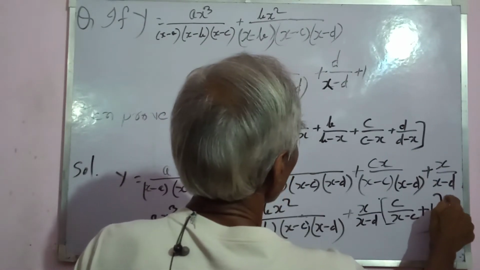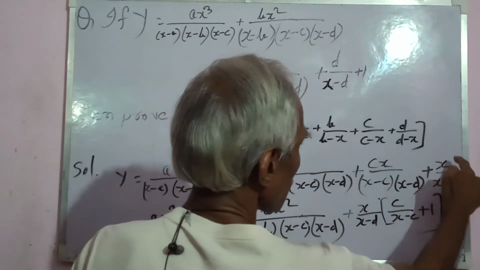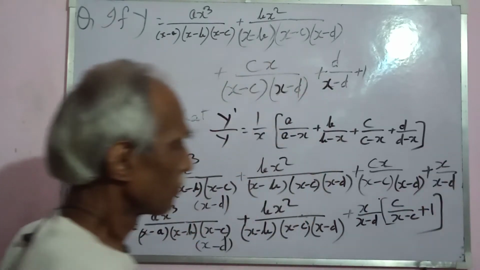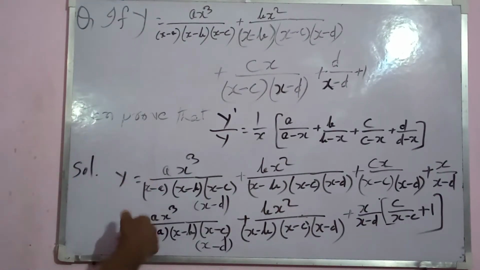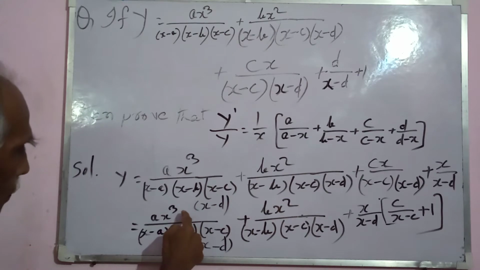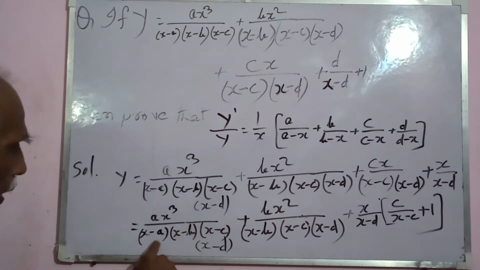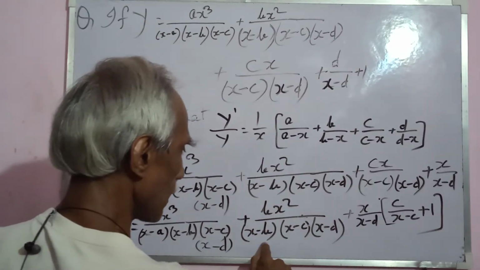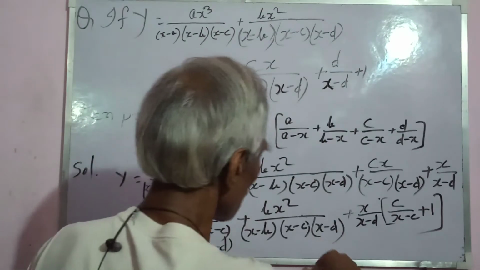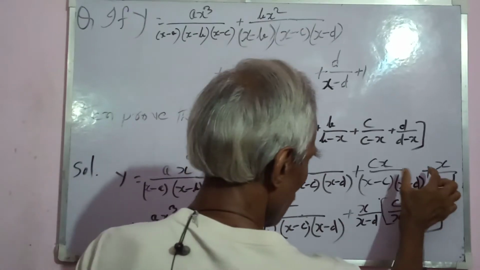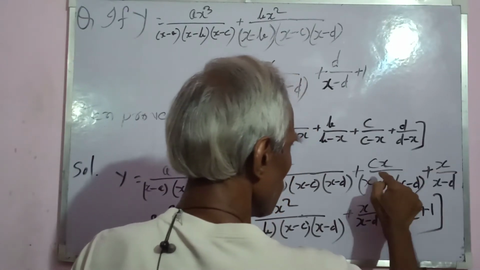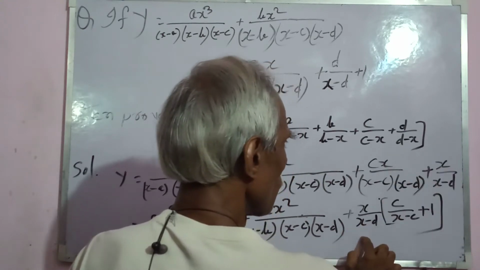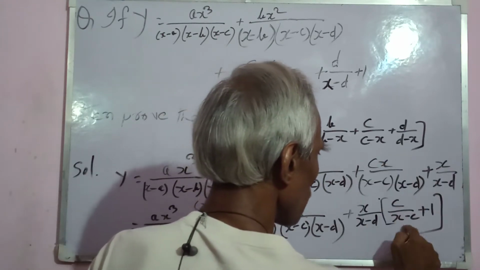That part, x by x minus d, will remain, so that part I have written here. Now the second calculation: ax cube by (x minus a)(x minus b)(x minus c)(x minus d), plus bx square by (x minus b)(x minus c)(x minus d). Now take x common. X by x minus d, take common. Then the remaining part will be c by x minus c plus 1.